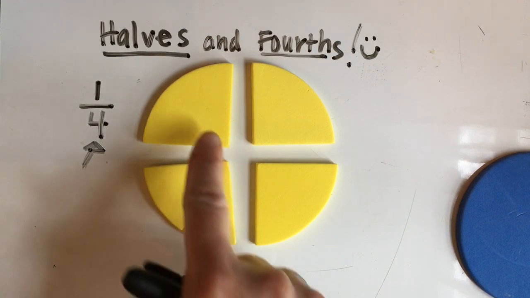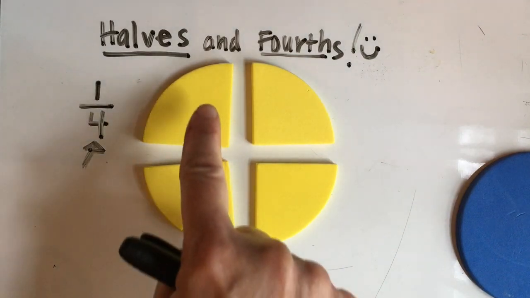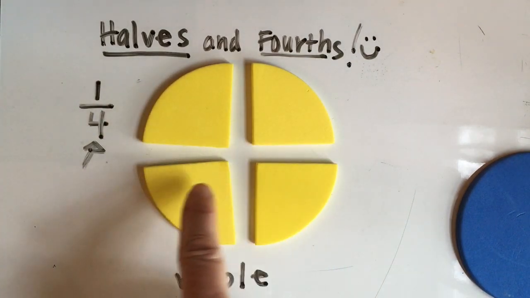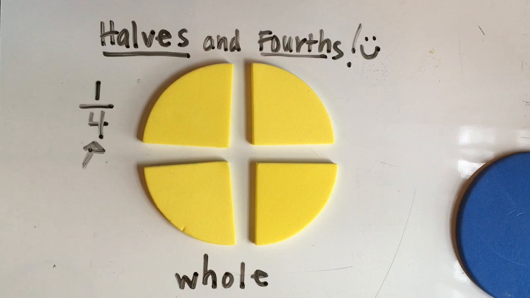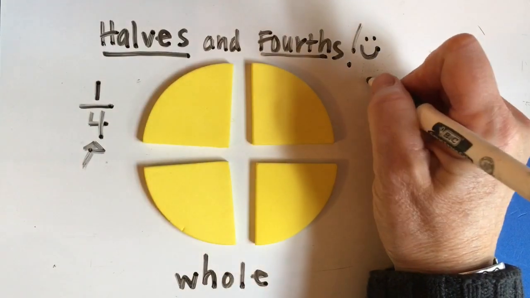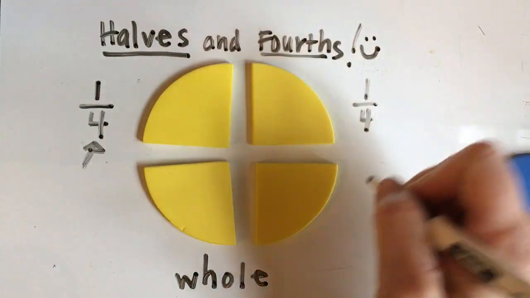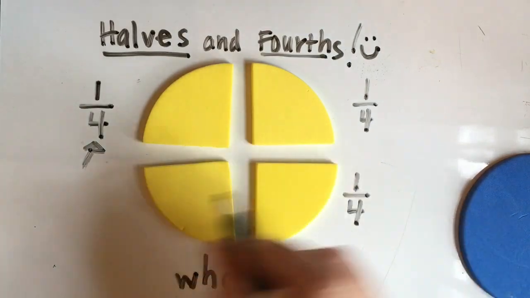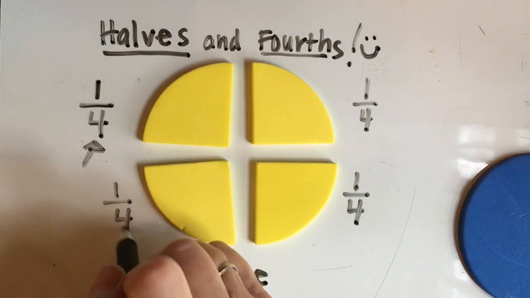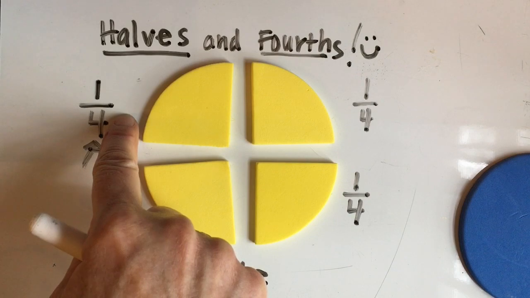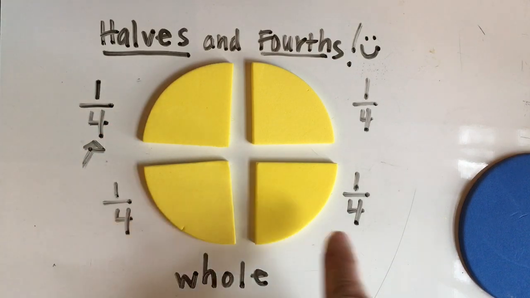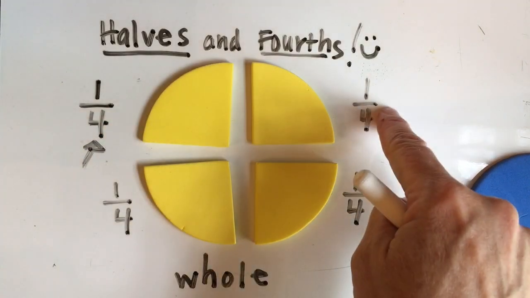So how many fourths or quarters do we have in one whole thing? That's right, 4. So I'm going to name these other parts. So I've got 1/4 and 1/4 and 1/4 and 1/4.